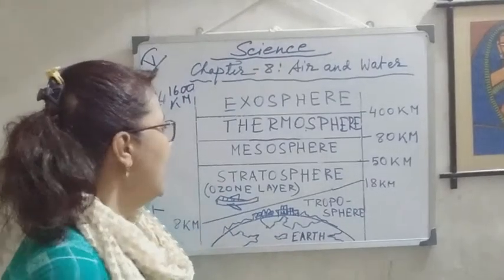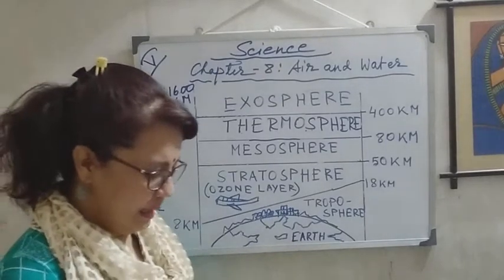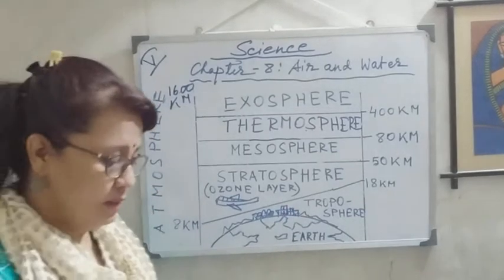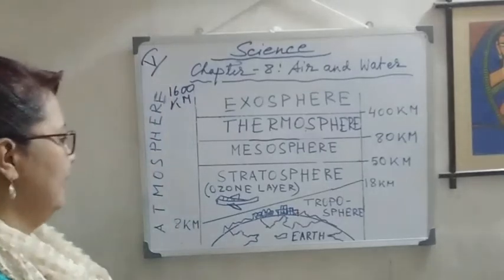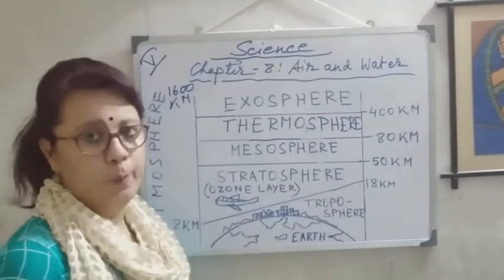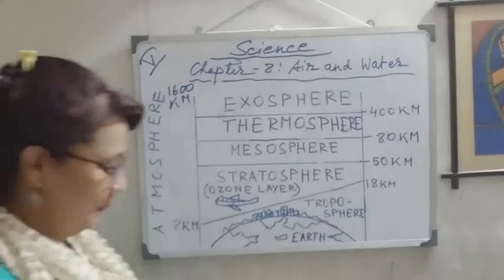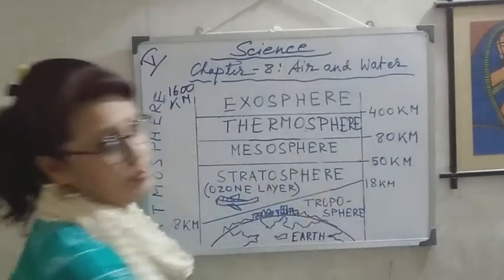Troposphere is the densest part of the atmosphere. All weather phenomena like clouds, rain, storm, and lightning occur here in the troposphere.